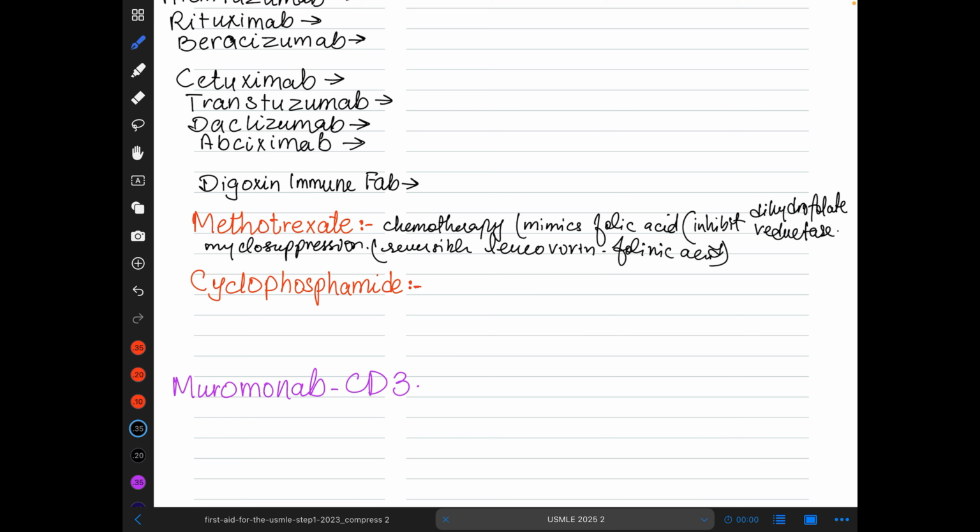Second, we have cyclophosphamide. Cyclophosphamide is a powerful immunosuppressant, or you can call it an anti-tumor drug. It is used in vasculitis and glomerulonephritis, and we can give it orally.